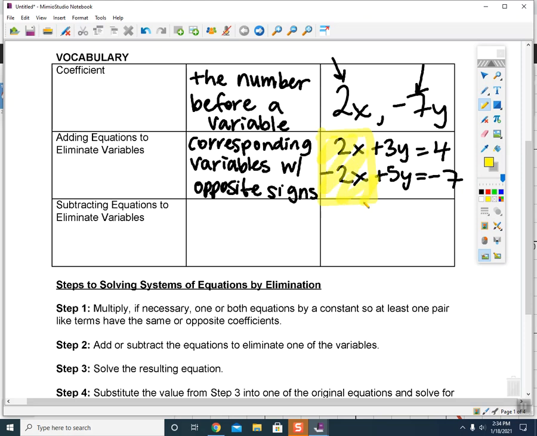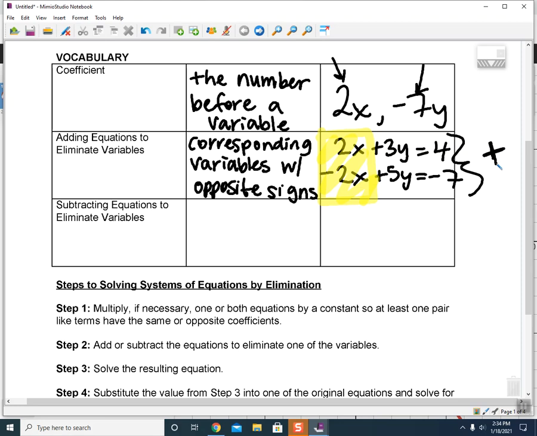I have 2x and I have negative 2x. So my corresponding variables have opposite signs. When that's the case, I'm adding these two equations together. The reason I do that is if I add 2x plus negative 2x, it cancels each other out, eliminates them, becomes 0.